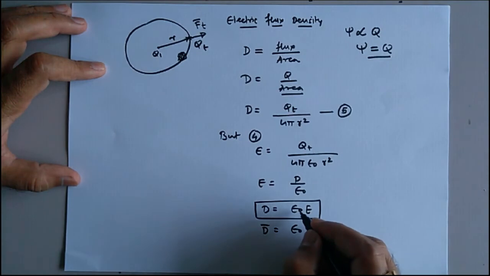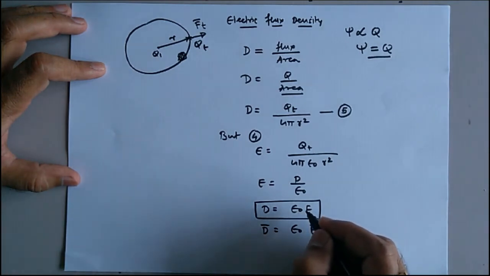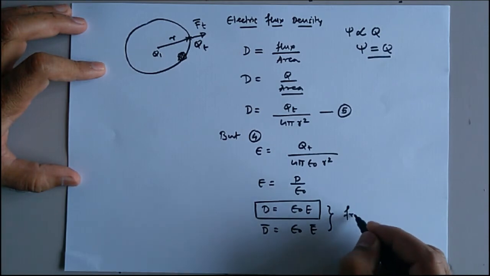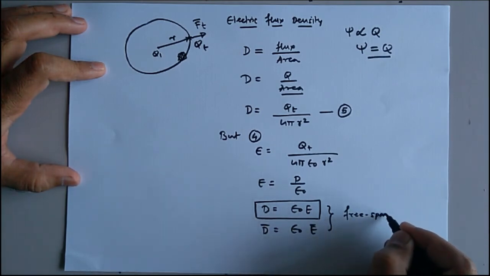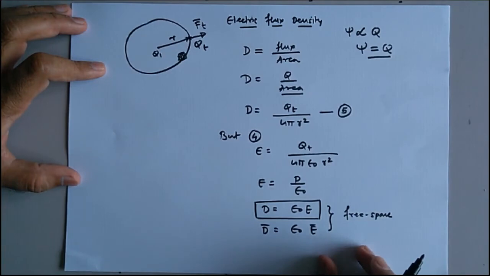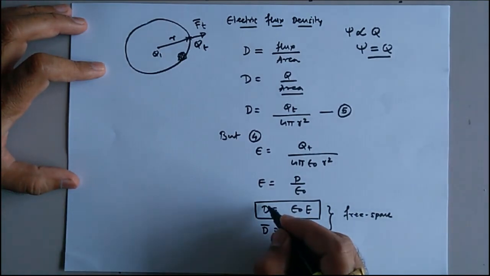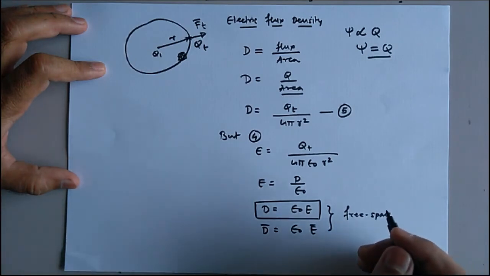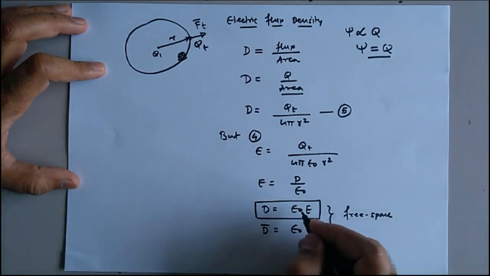Remember one thing, this epsilon naught indicates the permittivity of free space. That means these two equations are strictly for free space, or you can say vacuum. Suppose you are interested in writing a relationship between electric flux density and electric field intensity for any other medium. In that case we need to replace epsilon naught by epsilon.